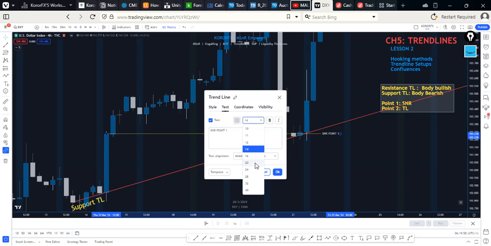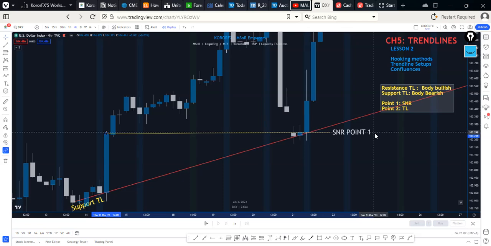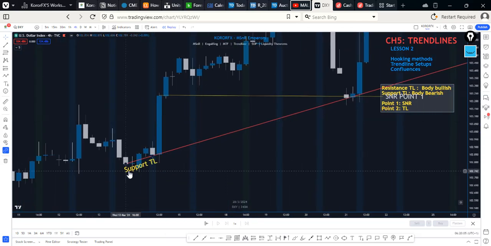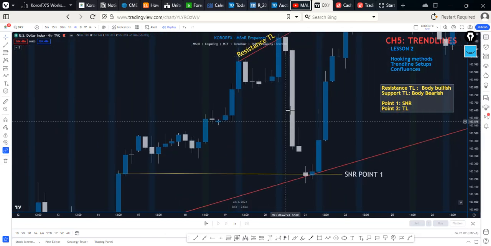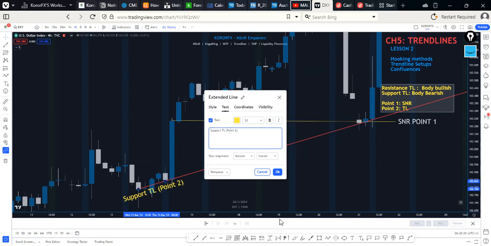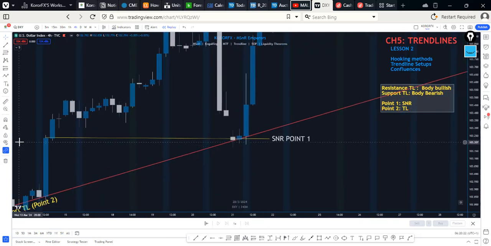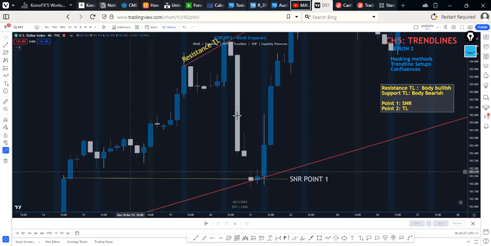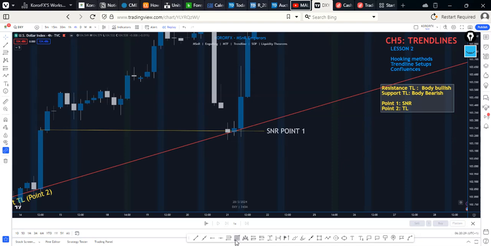When you get the SnR as point 1, point 2 is to make your trend line, then wait for the price to touch. So always the TL must be your point 2. First you make the SnR as number 1, and number 2 you make the trend line, and then wait.